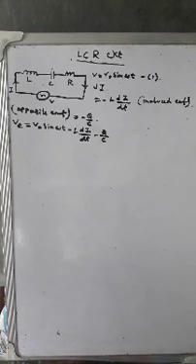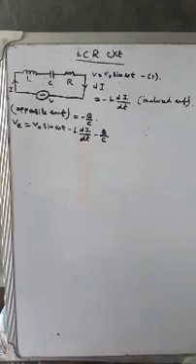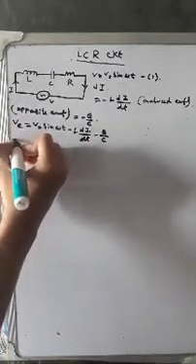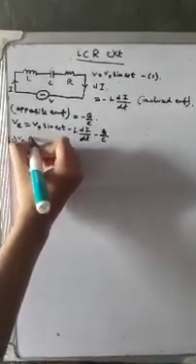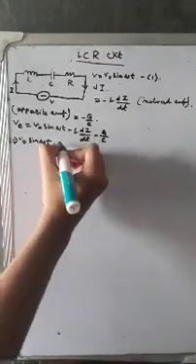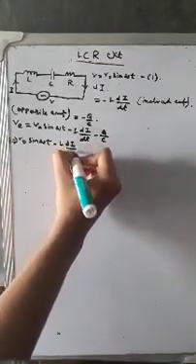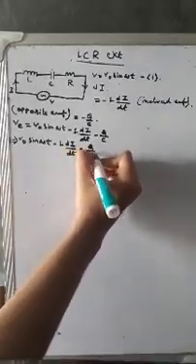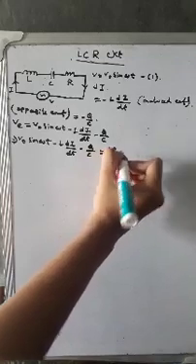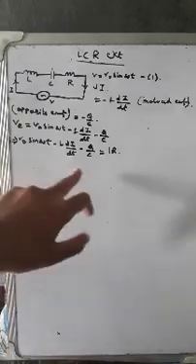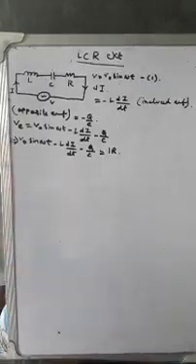Now let's move to Ohm's law. Ohm's law is V equals IR. That means here the effective voltage in the circuit will be equal to IR. So let's write that: V naught sine omega t minus L di by dt minus Q by C equals IR. This I'm writing by Ohm's law. In the next step I will arrange it mathematically.